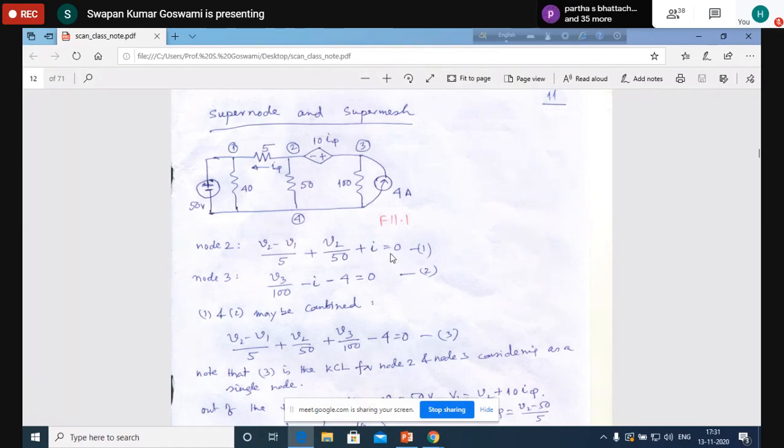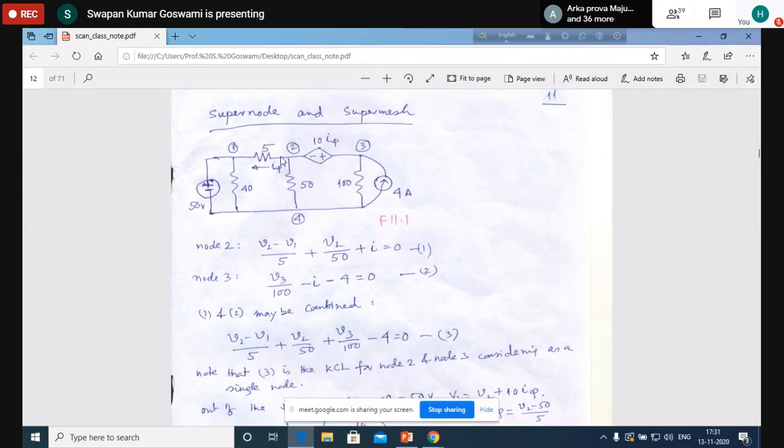No, sir. Now you write the equation for node 3. We should write the same nodal equation, KCL basically, for node 3. Here at node 3, V3 by 100 is the current flowing from node 3 to the reference node, with outgoing current taken to be positive.